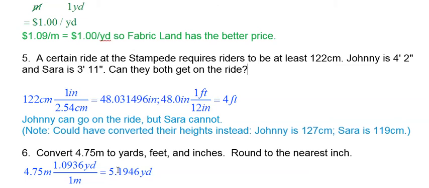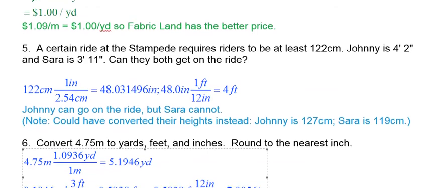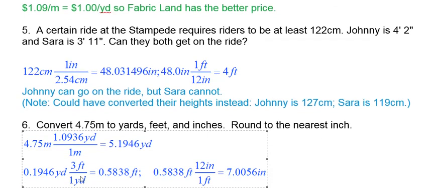So we can just take this decimal portion, so drop off the 5 and leave the 1946 yards and figure that part out in feet. And we can see it works out to not even a whole foot. We take the decimal portion there, so if it was more than a whole foot, we would still just take the decimal portion and figure out what that works out to inches.